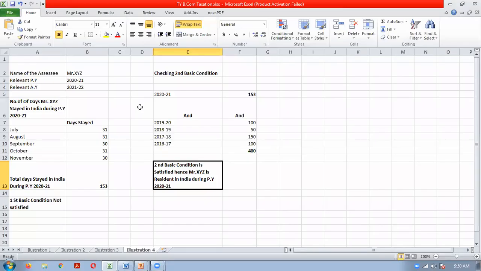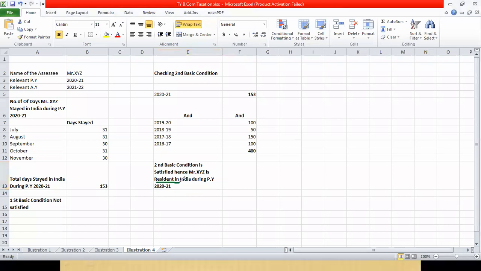Now, since he is a resident in India, we will have to go for the additional condition. Since XYZ is a resident in India during the previous year, we will have to check the additional condition also, because we got the answer as resident by applying the basic condition.